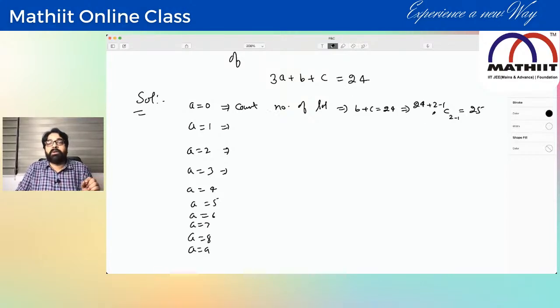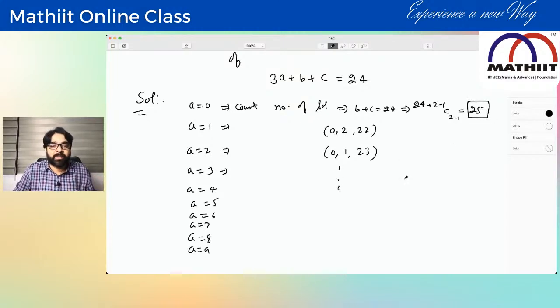Then a equal to 1 we will put and calculate, but it will go so long. But you will understand the idea from here only. When a equal to 0, how many solutions are there? We can say 0, 2, 22; 0, 1, 23, like that. 25 solutions will come.